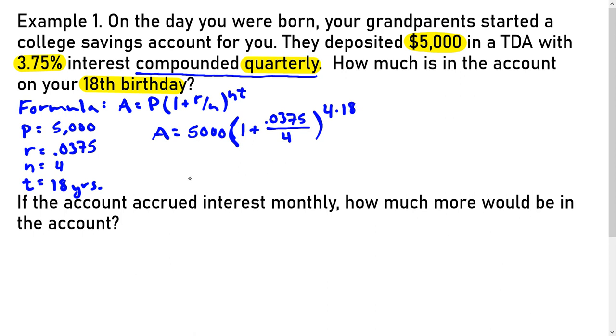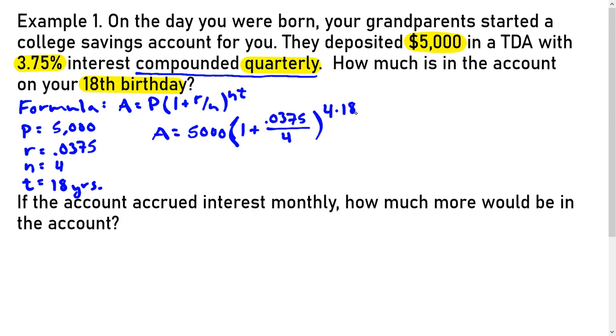We're going to plug this into our calculator now. Okay, so what I want you guys to do is we're all going to type into your calculator 5,000, parentheses, 1 plus, another set of parentheses, 0.0375 divided by 4, close parentheses, and another close parentheses. Caret key, or go to the exponent, and then we're going to type in 4 times 18.